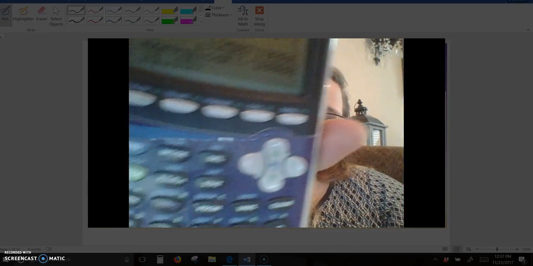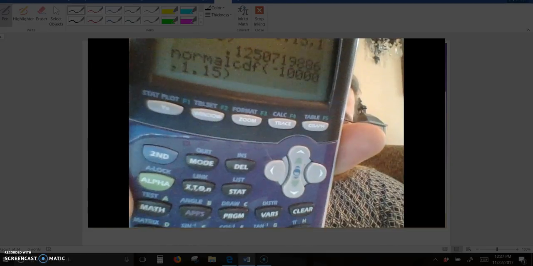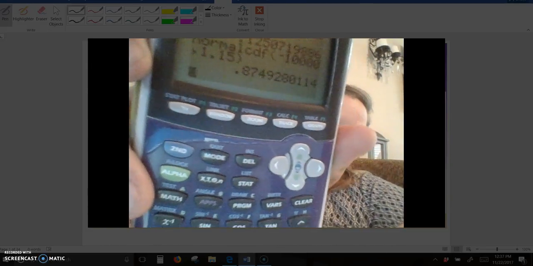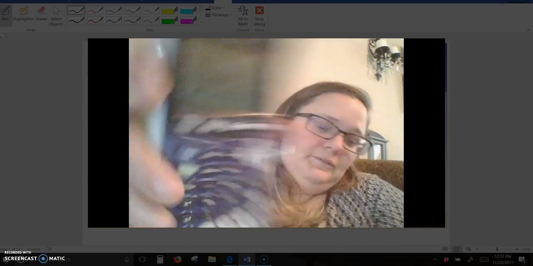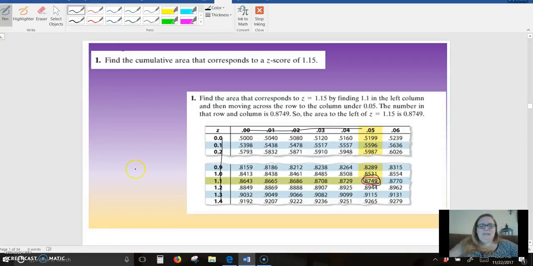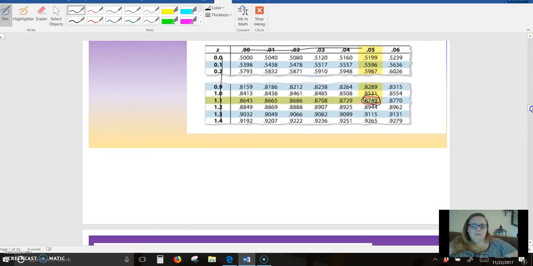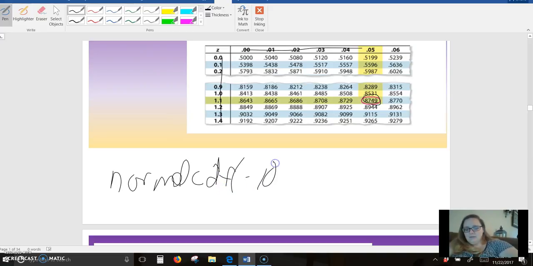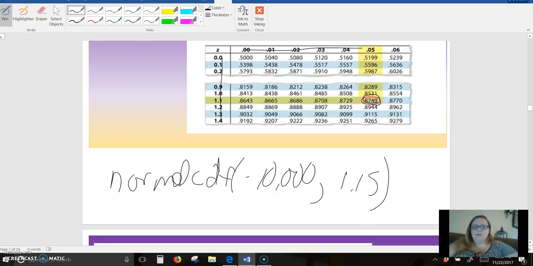All right, so that bottom piece is what you're looking at, and then press enter, and we get 0.8749, and that's exactly what we got on the chart. That -10,000 is just a blanketed number, and so we did normalcdf. We did -10,000, comma, and then that 1.15, and it will tell you the area, which is exactly the same as here.